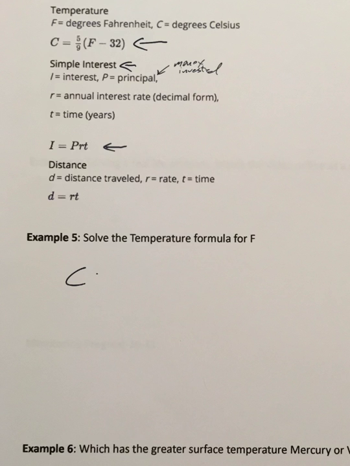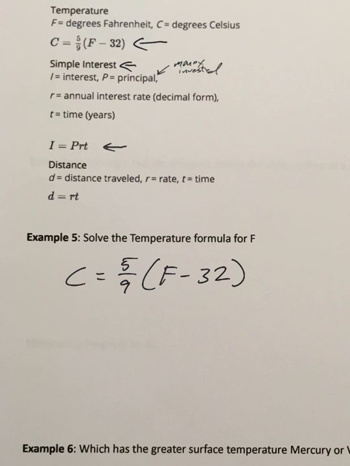So we got C equals 5/9 times F minus 32. I'm not sure how you guys would ever do this on your own, but you did it on your own? I mean, it's correct. There are two ways to start it.